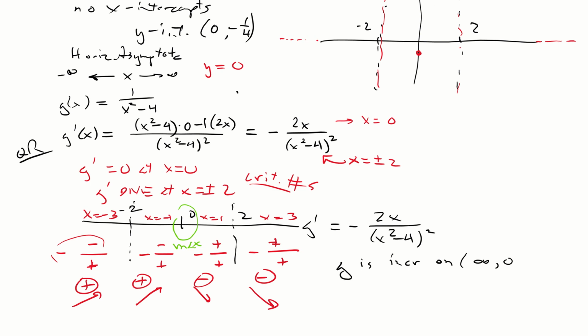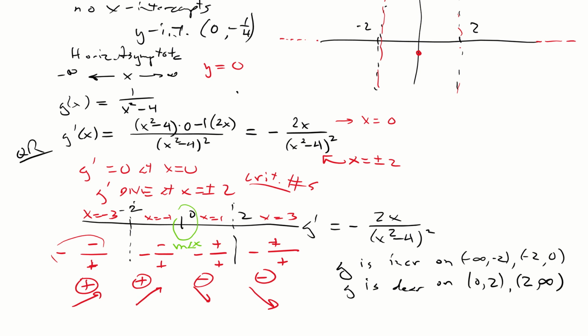But you know what? That's an asymptote, so maybe it's better not to do that. So I'll say minus infinity to -2 and then -2 to 0. And G is decreasing on 0 to 2 and then 2 to infinity.